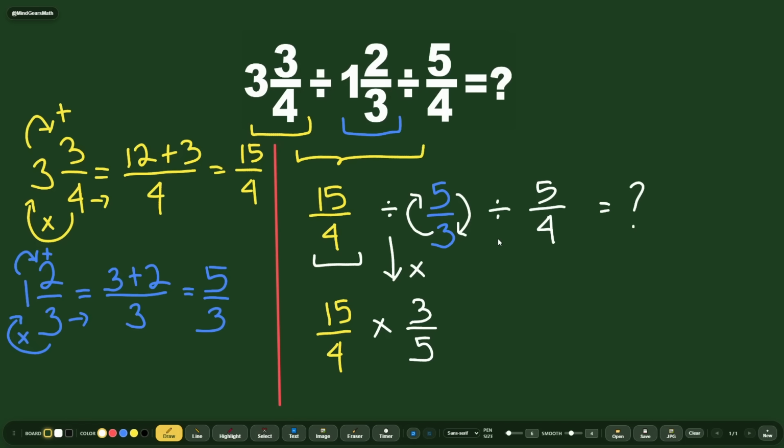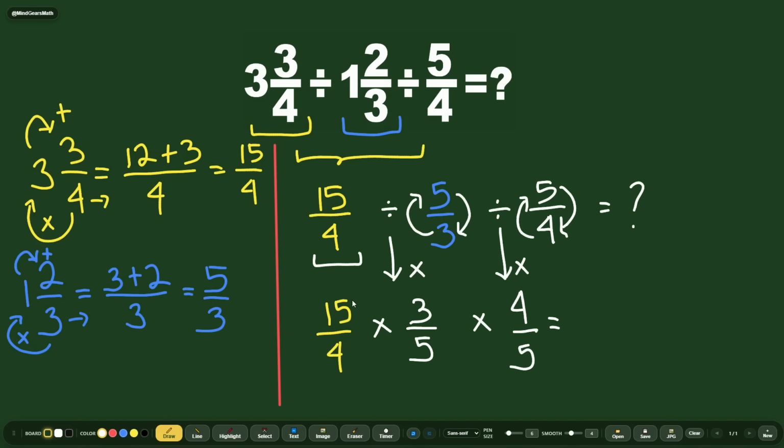And then we also change the second division operation to multiplication, then we flip 5 over 4 to 4 over 5. So now the equation becomes 15 over 4 times 3 over 5 times 4 over 5.